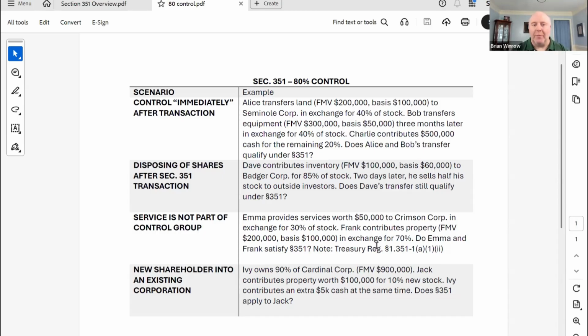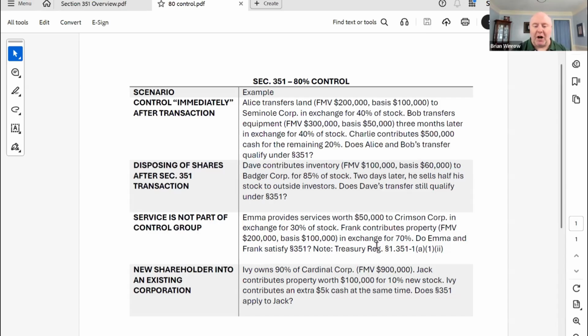The only way it doesn't have to be on their own is if the existing shareholders also contribute property. If they're also contributing additional property, then they become part of the control group. But if they're not contributing additional property, then we don't consider the existing shareholders to be part of the control group.